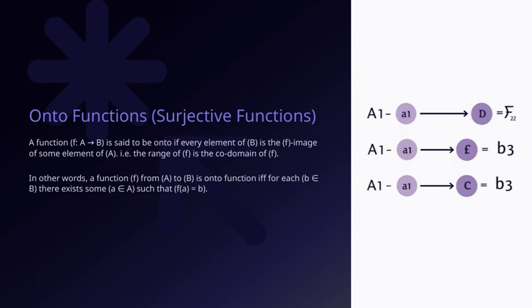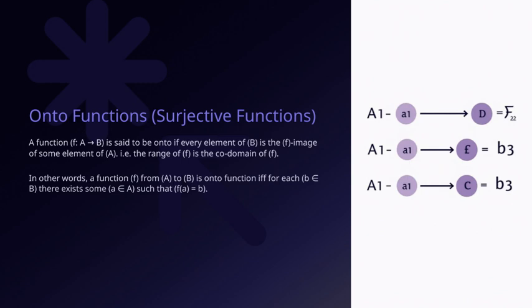To put it simply, a function f from A to B is onto if every element of B is an image of some element in A. You can think of the range of the function as the set of all outputs it produces. And for an onto function, this range is actually equal to the entire codomain, which is B itself.